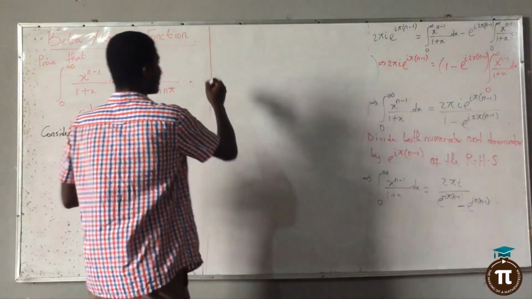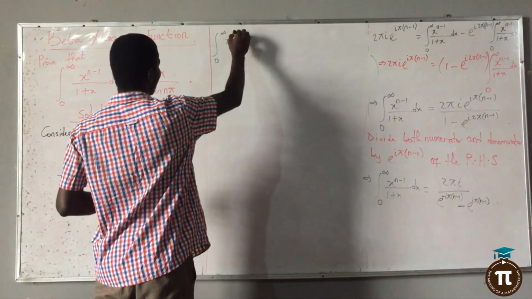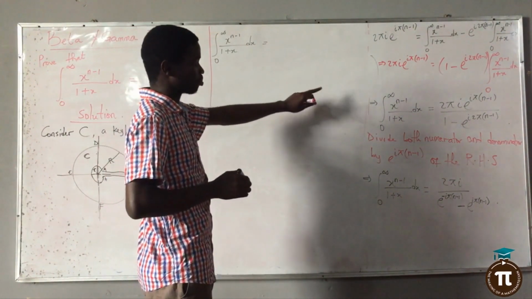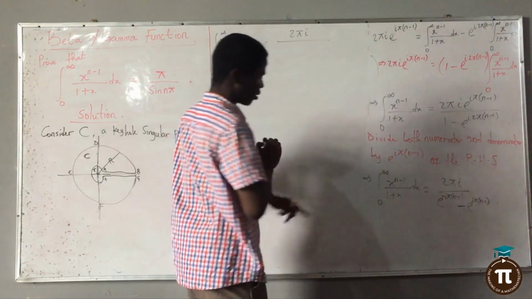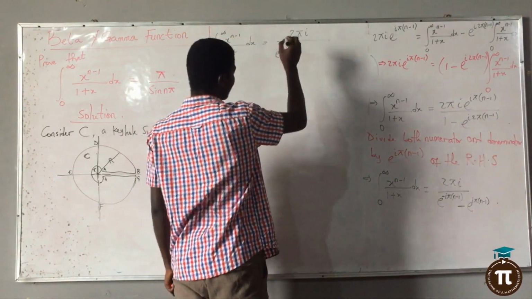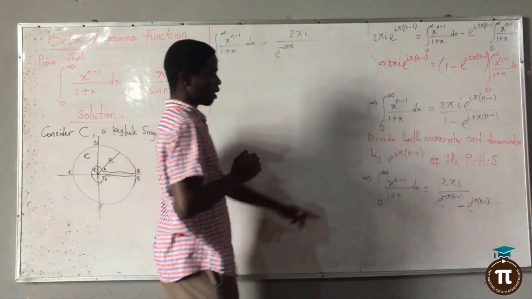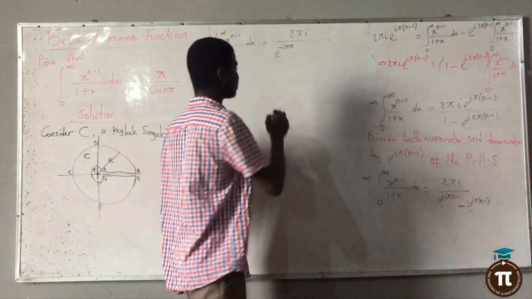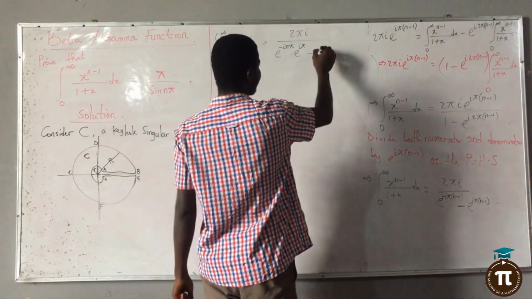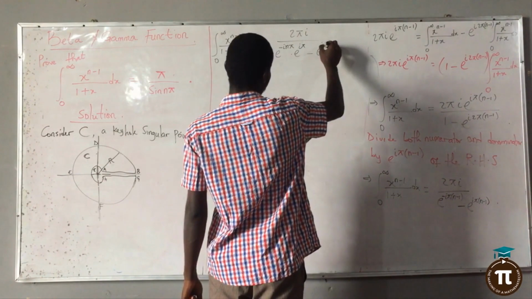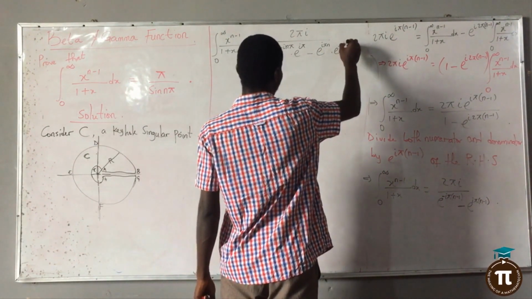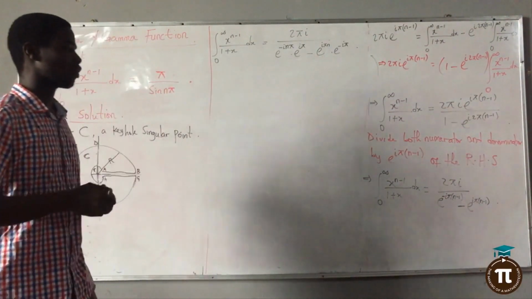The integral from 0 to infinity of s raised to the power of n minus 1 over 1 plus s ds is equal to 2 pi i over, this one is e raised to the power of minus i n pi, let me write it as n pi, then minus times minus will give me plus, so I have multiplied by another e raised to the power of i pi, then I have negative minus e raised to the power of i pi n multiplied by another one, e raised to the power of minus i pi. Yes, that's what I'm going to have.